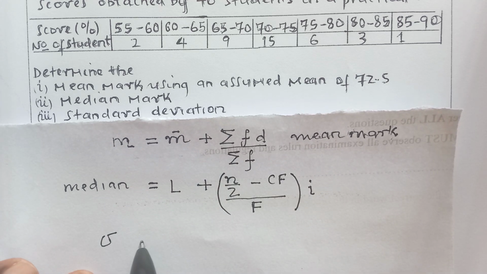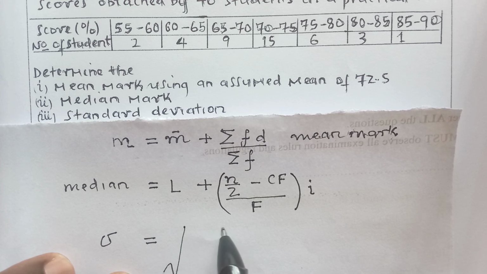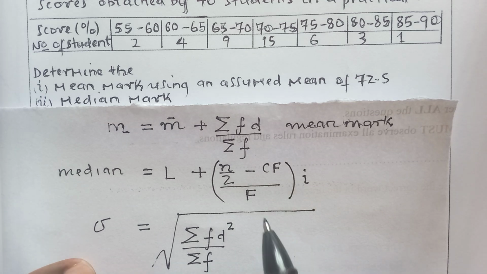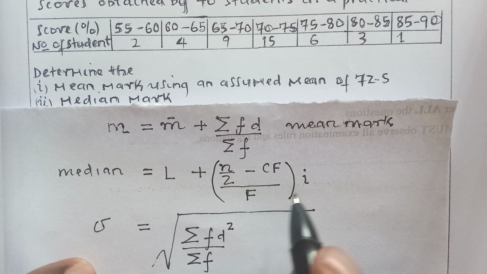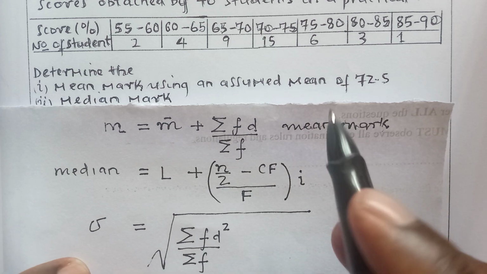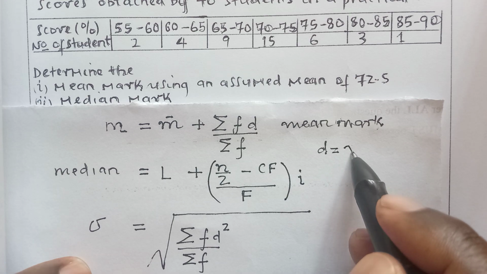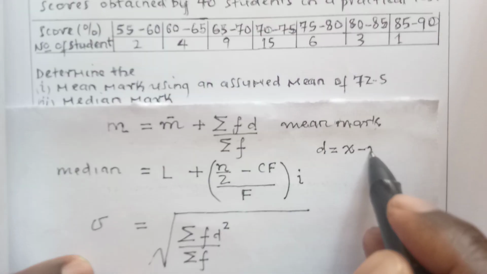For standard deviation, this is going to be the square root of summation of FD squared all over summation of F. Now this one is supposed to be minus, because when you use the assumed mean, D is supposed to be X minus the assumed mean.